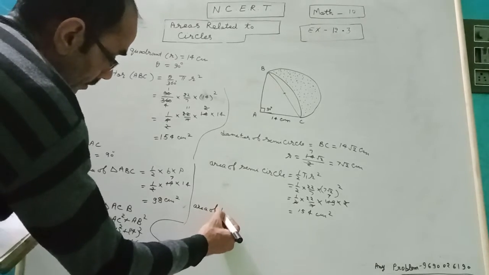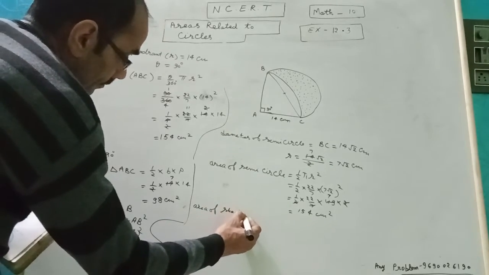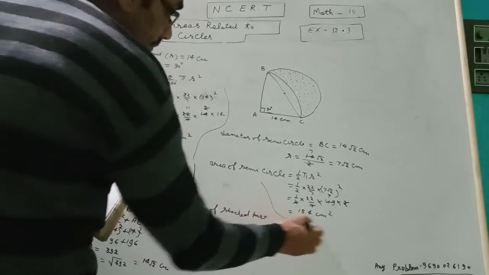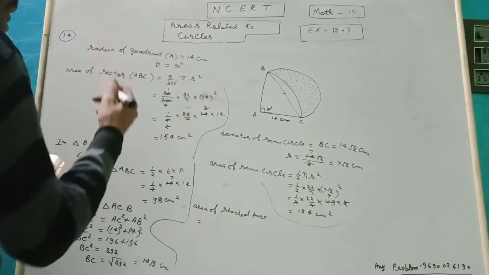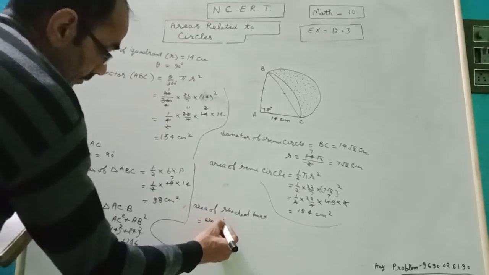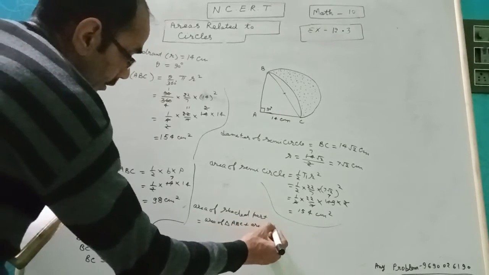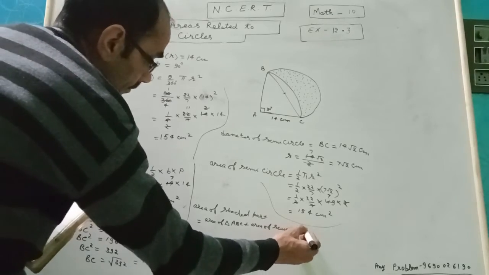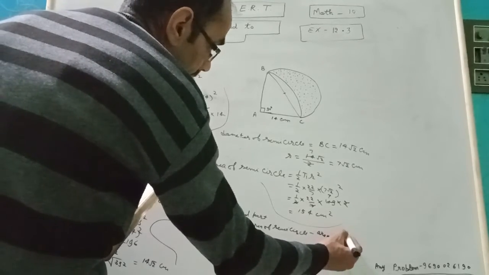Area of shaded portion is equal to area of triangle ABC plus area of semicircle minus area of sector.